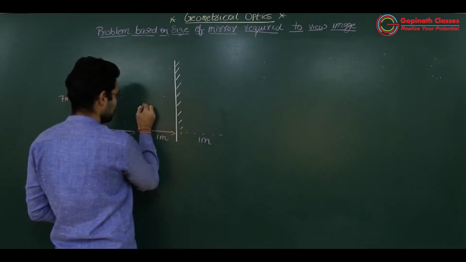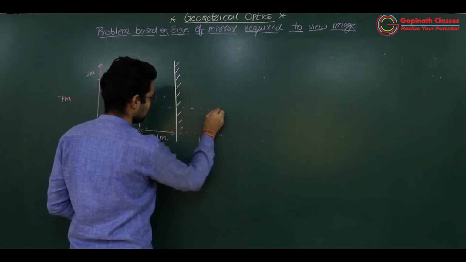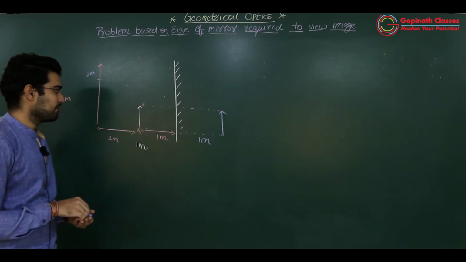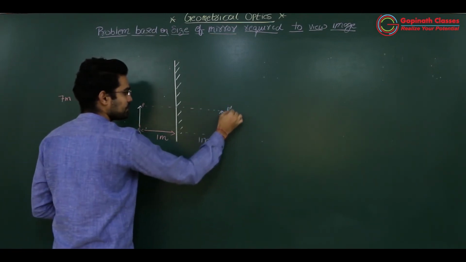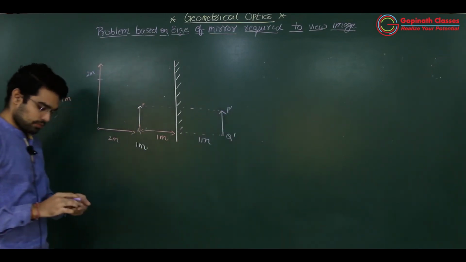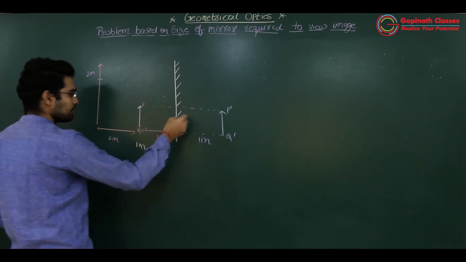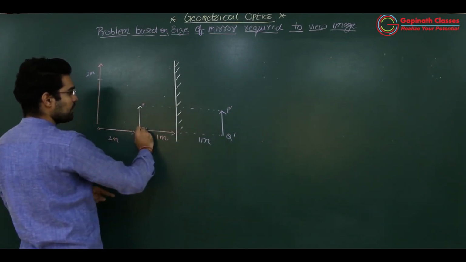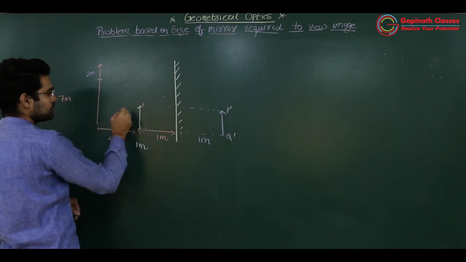You can just draw like this. This is P dash Q dash. अब इसको बनाएंगे कैसे? The bottom part should be touched to this one.